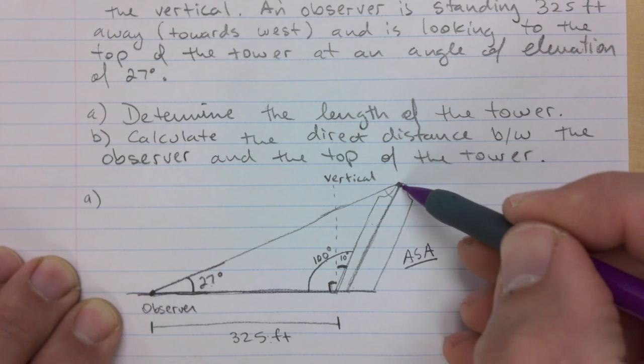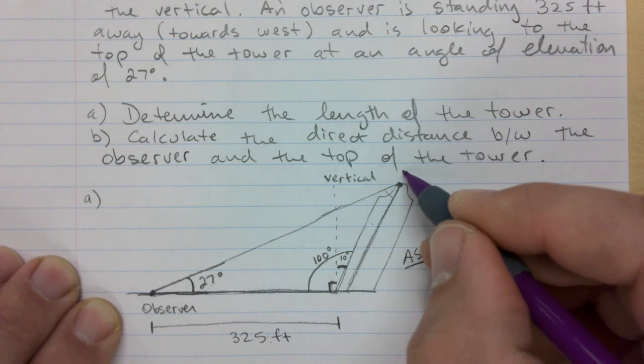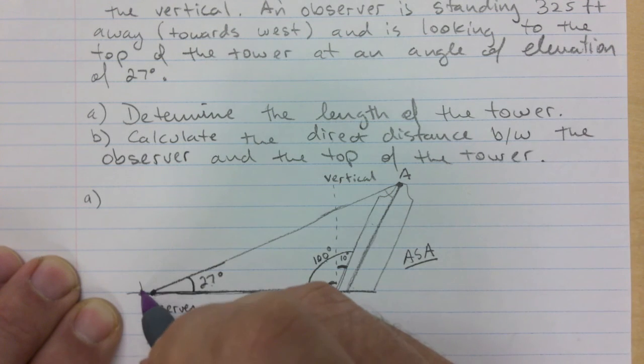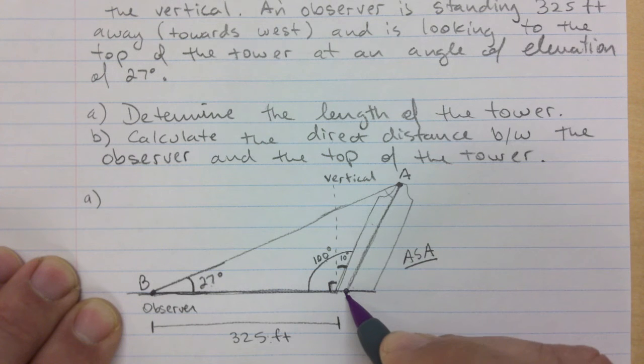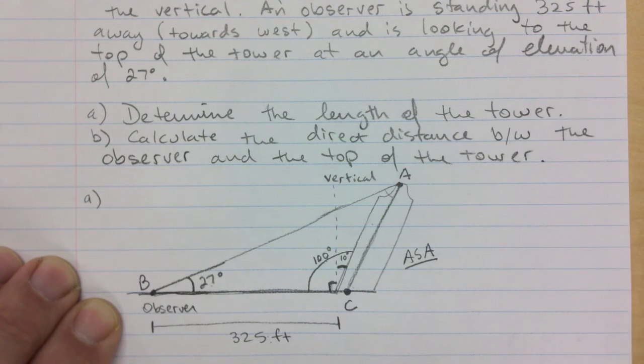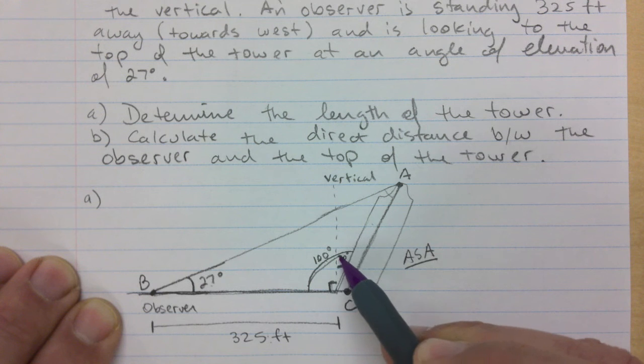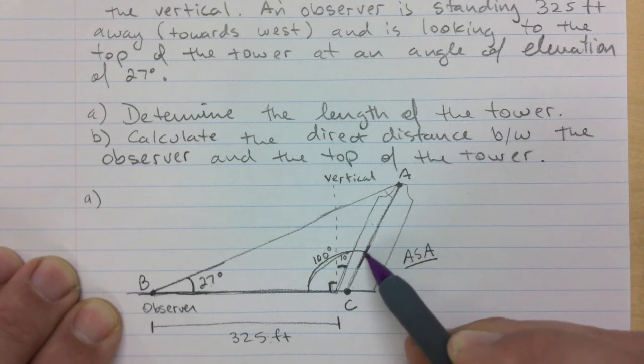So let's call this angle A. And let's call this B. And let's call this point right here C. I know it's a little busy here at this intersection, but just know that there's a triangle there. And so this angle, the whole thing is 100 here as well to this line.